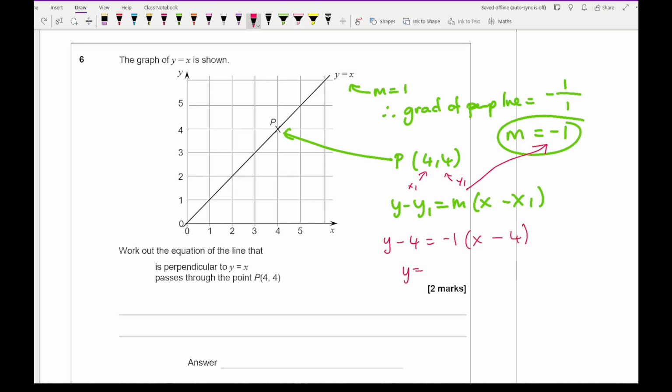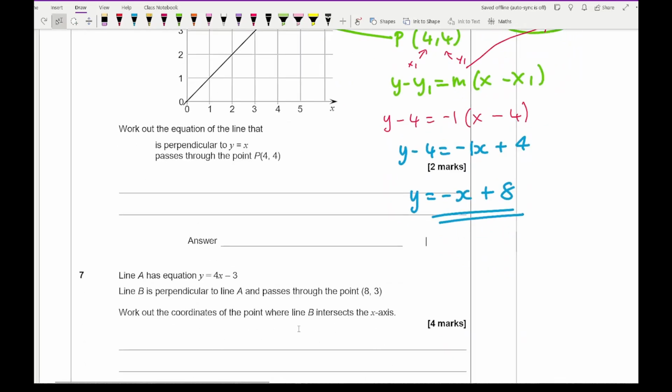Expand the brackets and I get y minus 4 equals minus 1x plus 4. Take the 4 over to the side, in which then I get y equals minus x plus 8, and there is my equation of a line that's perpendicular to y equals x and passes through point P.